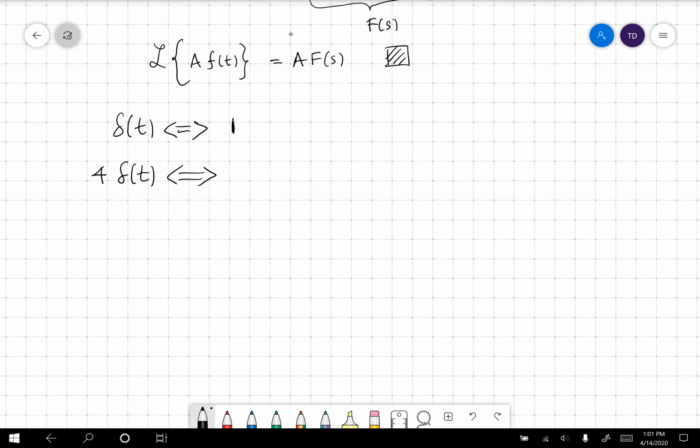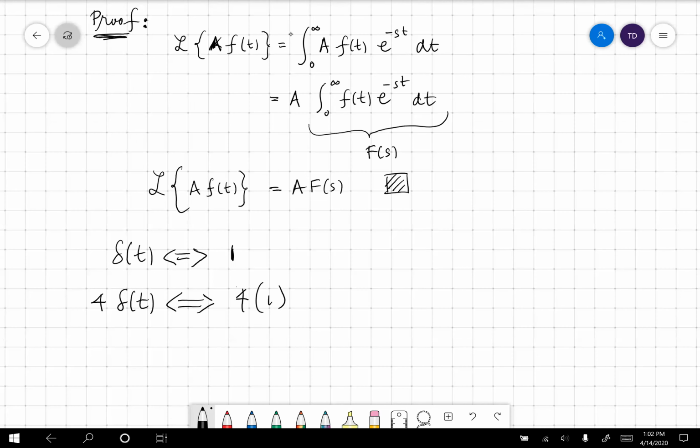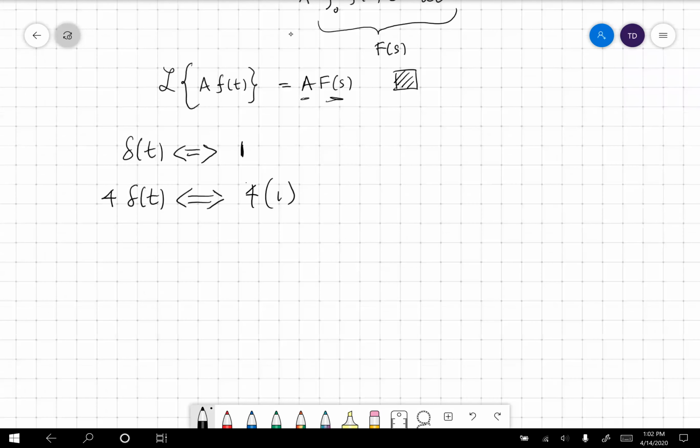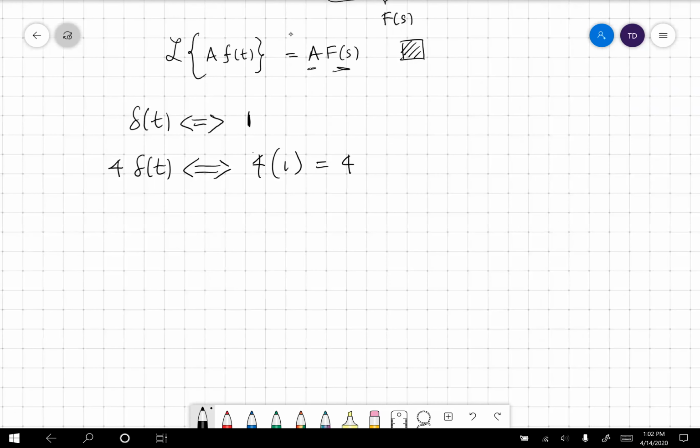Would it be 4? Bingo. It's actually 1 times 4 or 4 times 1, right? In the notation that we used up here, A times F of s. So F of s is 1. It's 4 times 1, which is equal to 4. Correct.